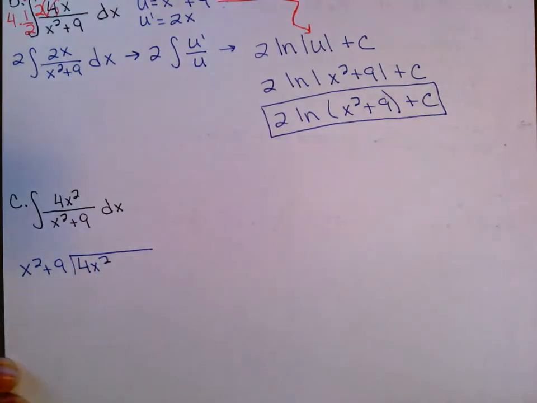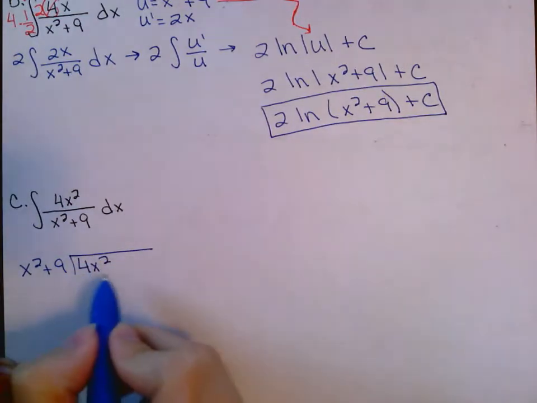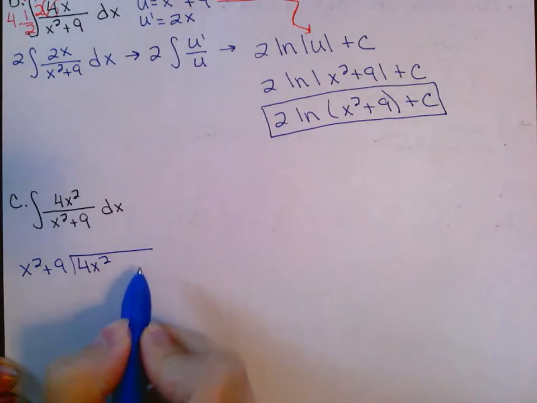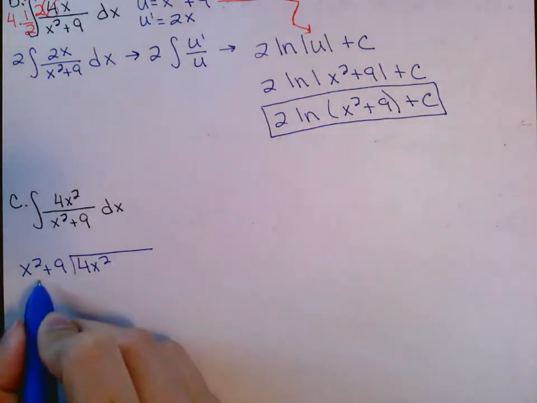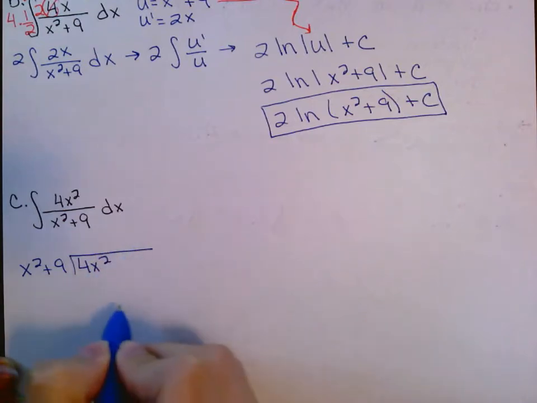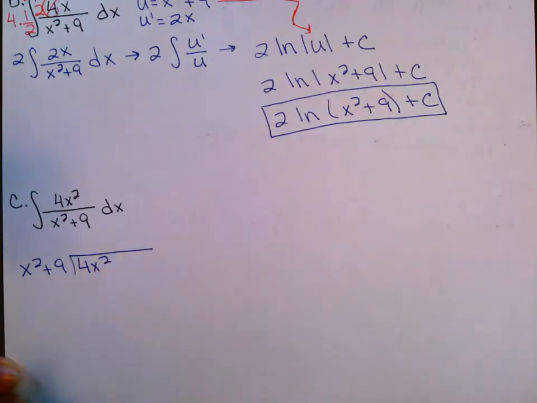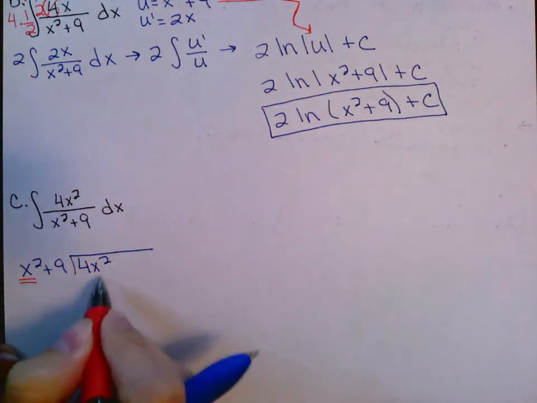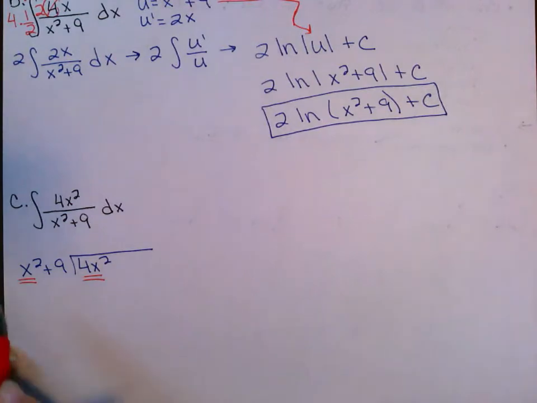Okay, now I don't have anything else after that x squared, but that's okay. Just know that if I did end up having to multiply by an x to the first, I'd put it over here, or by a constant over here. Okay, so remember, when I'm doing long division, I'm really just looking at these first terms. What do I need to multiply x squared to get a 4x squared?